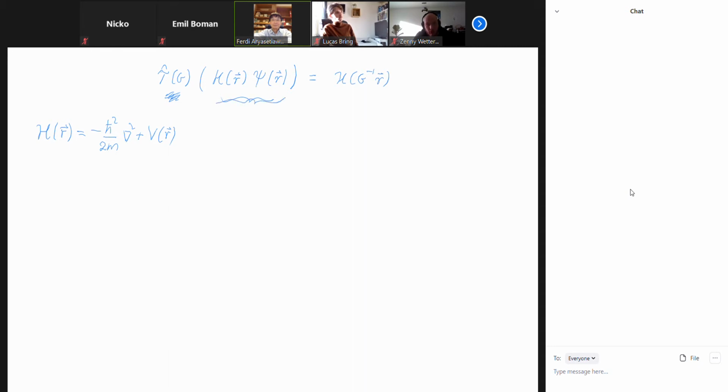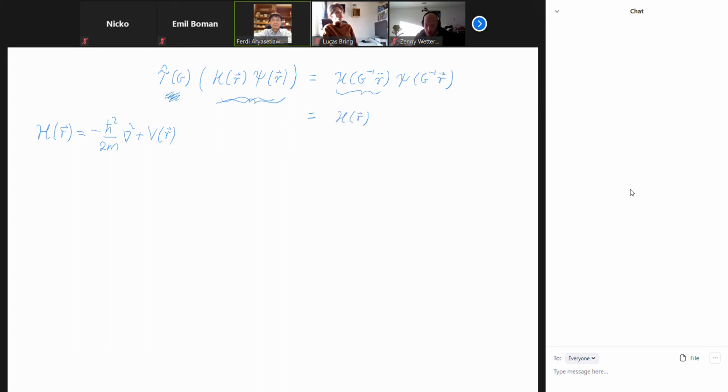So we should rotate the coordinates of both of them, of H and the wave function. By definition, this Hamiltonian is invariant under this symmetry operator. So we are in the position representation, and that by definition is equal to HR.